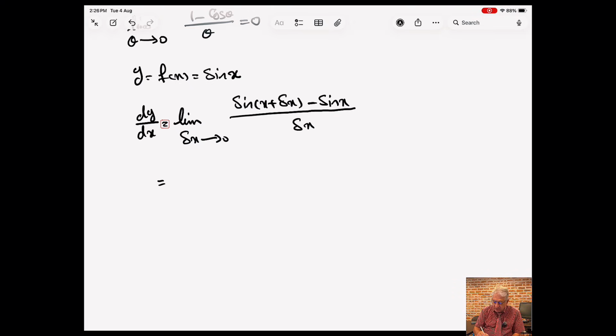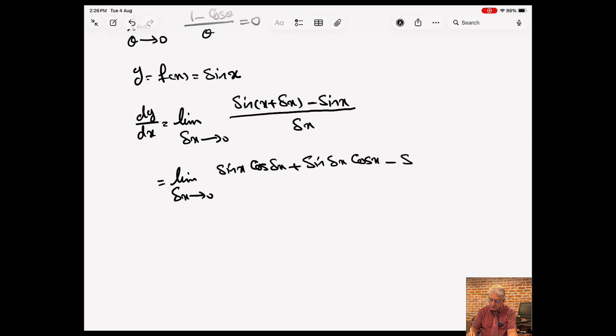Therefore, this will be the limit as delta x goes to 0 of sine x cos delta x plus sine delta x cos x minus sine x, divided by delta x.